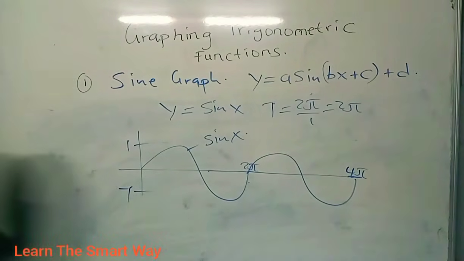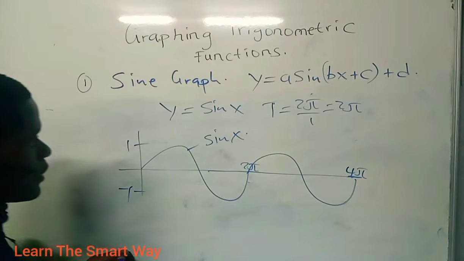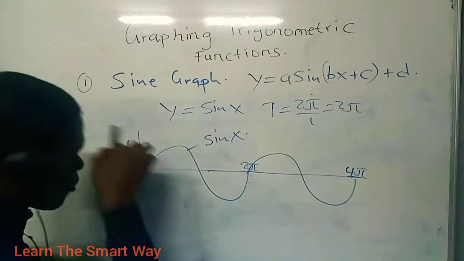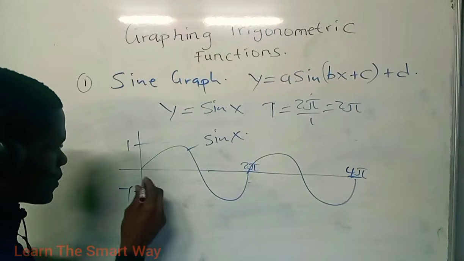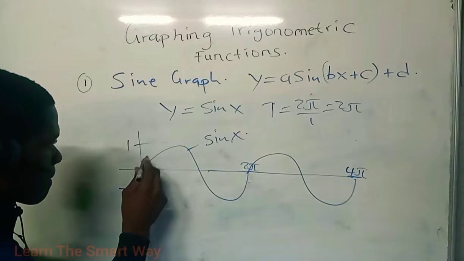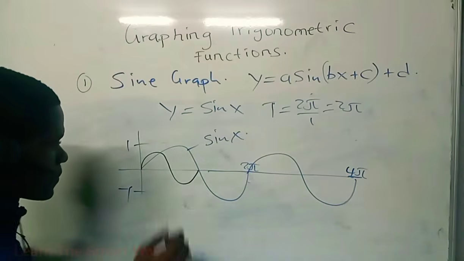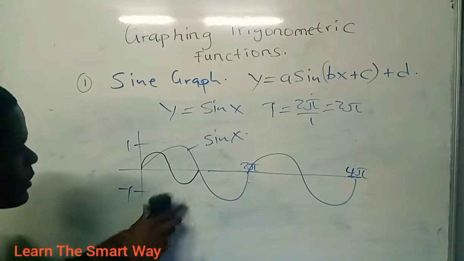If I say 2x, you've seen that it's actually supposed to make a full complete revolution just within this period, which is going to be, of course, the amplitude is supposed to be the same.